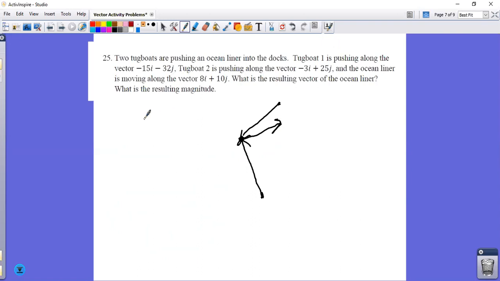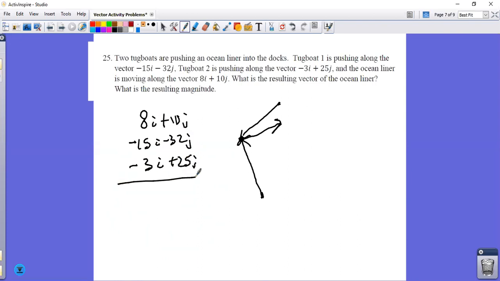So you have the actual ocean liner, you have the first tugboat, and you have the second tugboat. You just add them all up for the resulting vector. So negative 18 and positive 8 is negative 10. 35 minus 32 is 3.